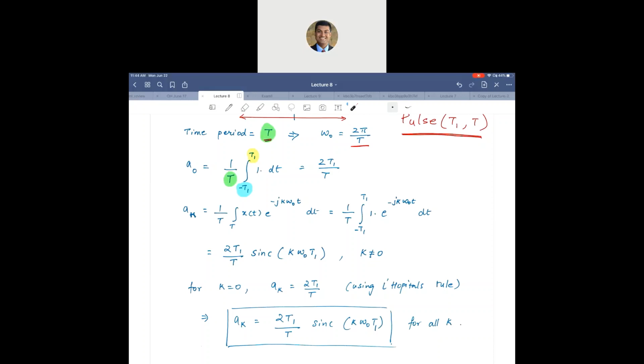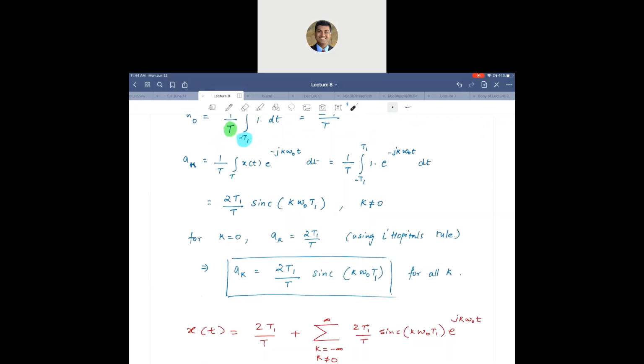For k equals 0, it is going to be 2 t1 divided by T using L'Hopital's rule. So this is also part of this, which means I can write one standard result for Fourier series coefficients for a general pulse train, which is 2 t1 divided by T sinc of k omega naught t1 for all k.